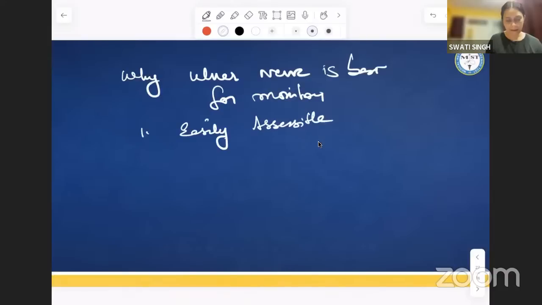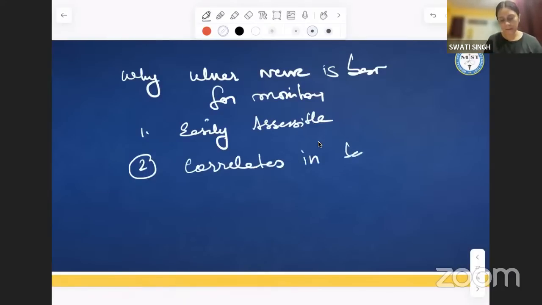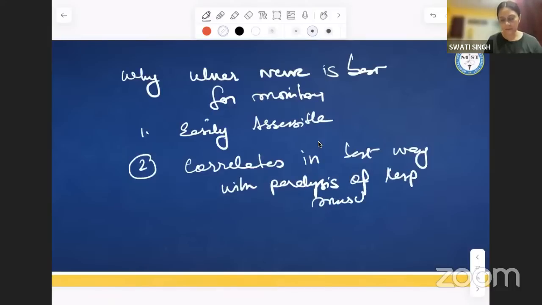And number two, it correlates in the best way with paralysis of the respiratory muscle. So it will tell us best when the respiratory muscle is in paralysis or is out of paralysis. So this is the best nerve which we monitor during anesthesia.